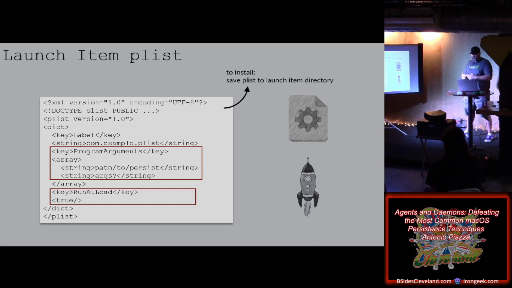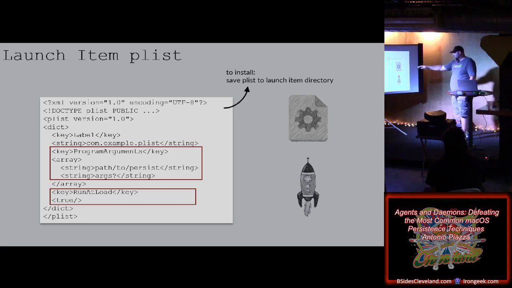In terms of persistence, the most pertinent key value pairs are, you can see the key ProgramArguments, and similarly, I'll talk about them in a minute, there's the Program key. ProgramArguments and Program has to be one or the other, and I'll explain the difference. And then the value contains the path, and optionally the arguments of the launch item script or binary.